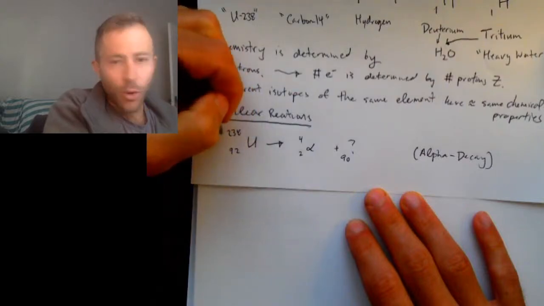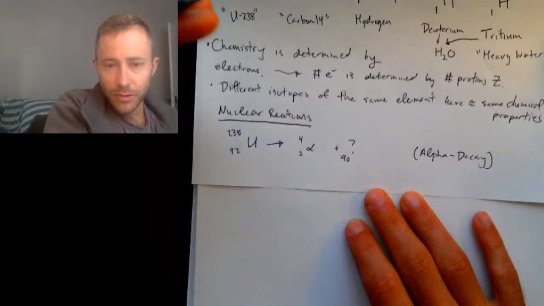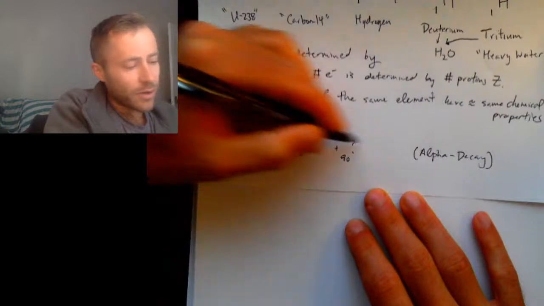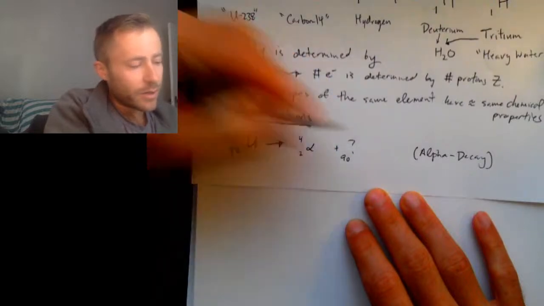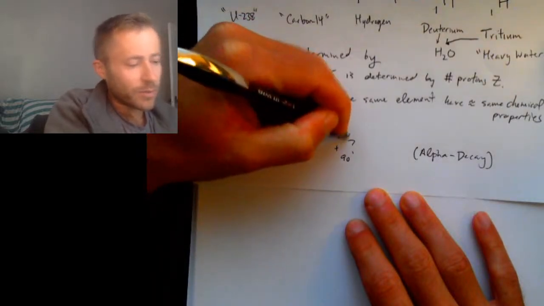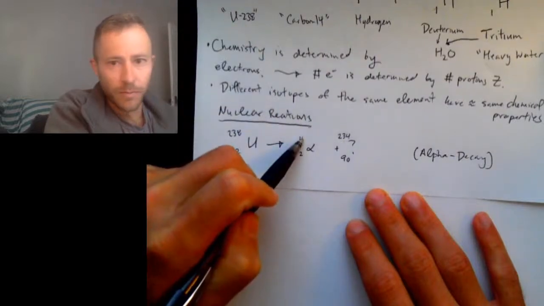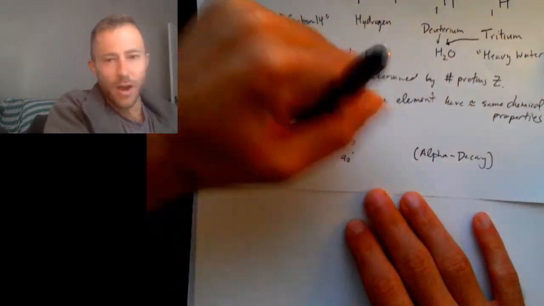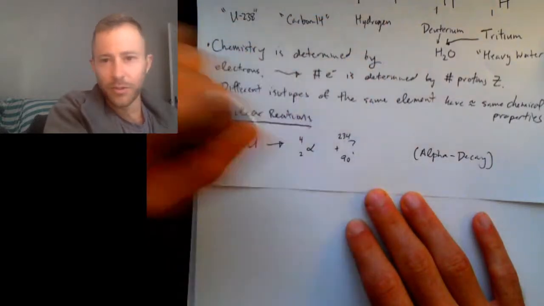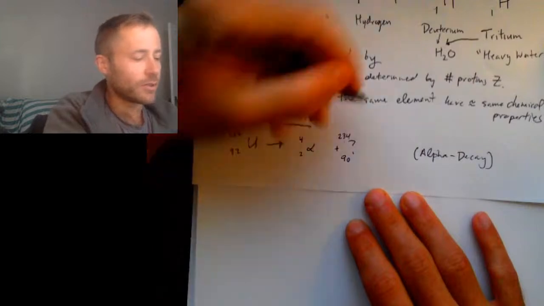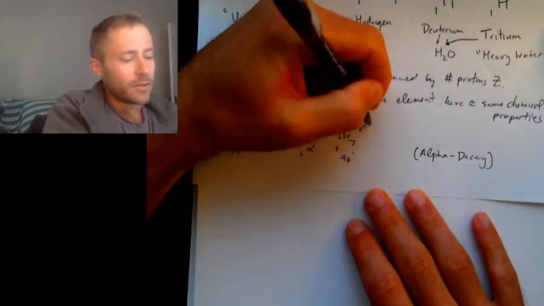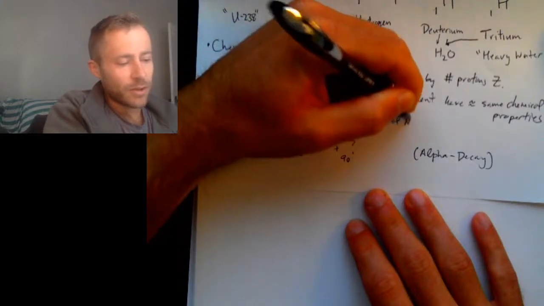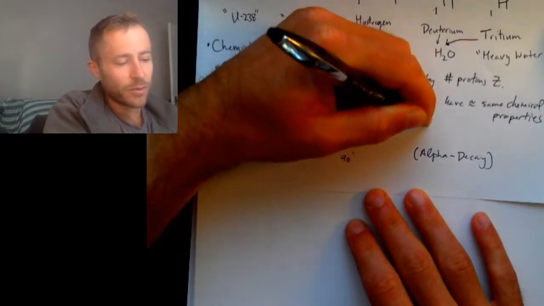And then the total amount of protons and neutrons has to also stay the same. So that's the conservation of the upper numbers. And so this would have to be 234, because 234 plus 4 equals 238. So basically the numbers on the top have to balance and the numbers on the bottom have to balance. So this is conservation of mass, or I should say conservation of nucleon number more exactly.